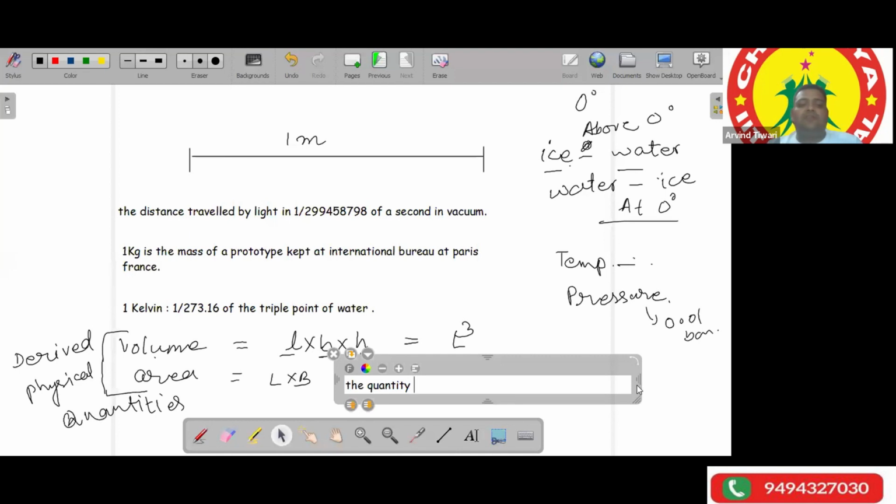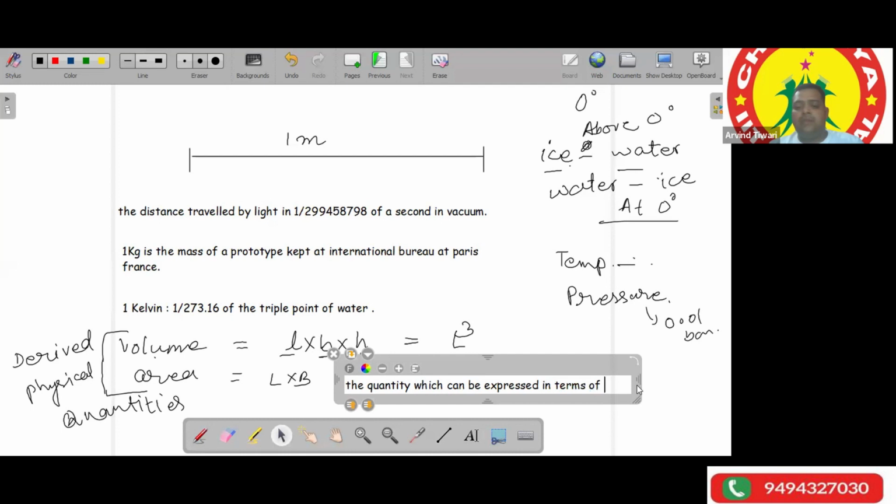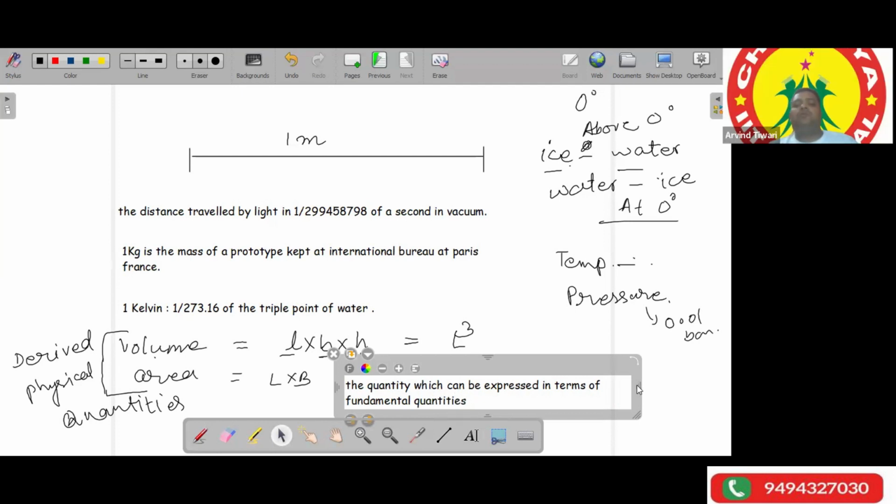And here I'm writing the definition for the derived physical quantities: the quantity which can be expressed in terms of fundamental quantities is called a derived quantity.